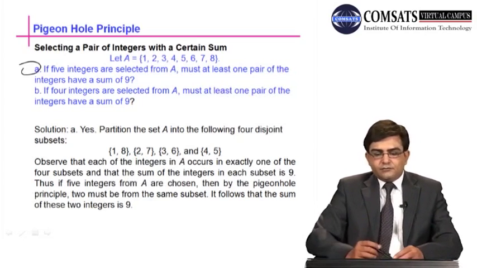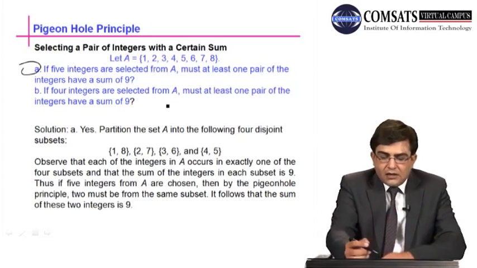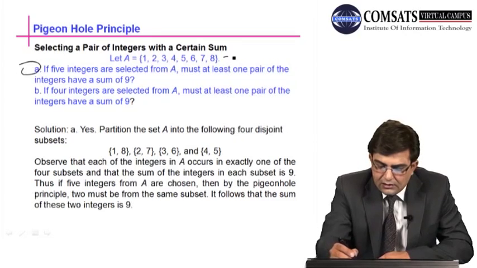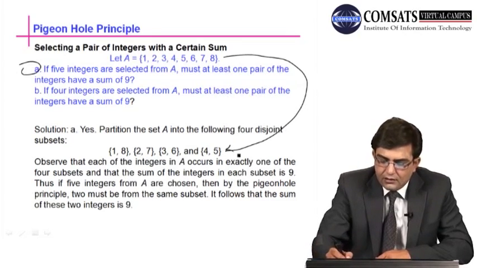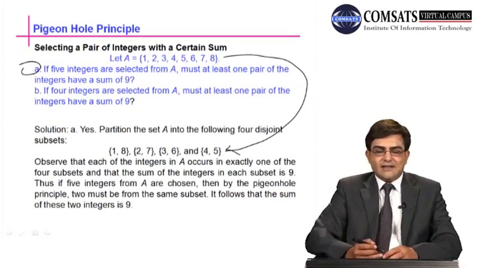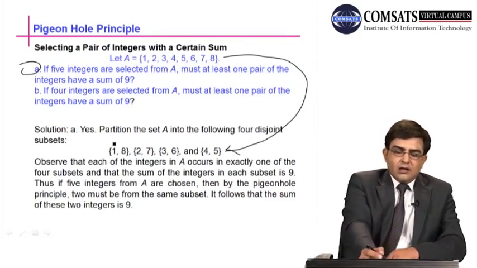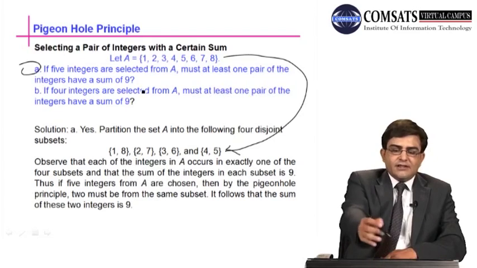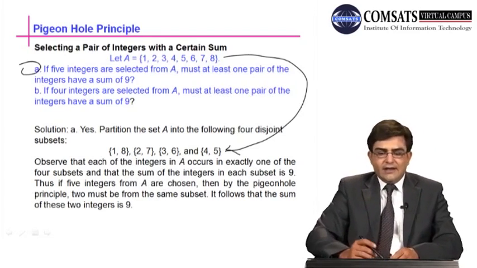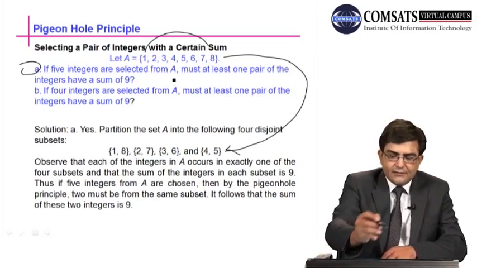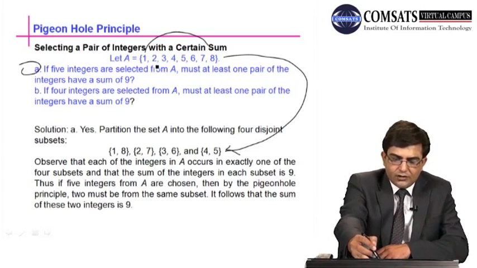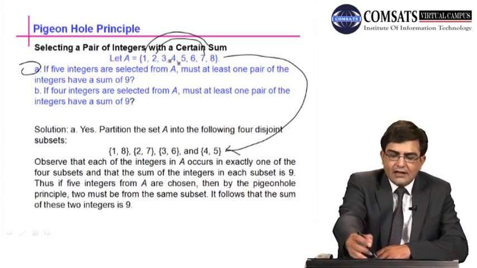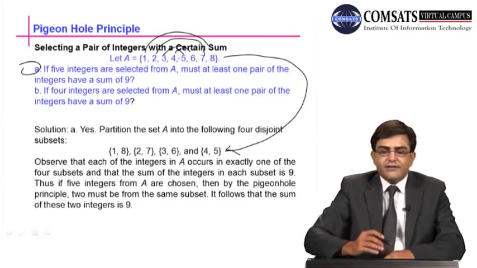First, we have partitioned the set A systematically, so that in the first subset we put 1 and 8, the first and last integer. In the second set we put the second and second last, then third and third last, and fourth and fifth element.